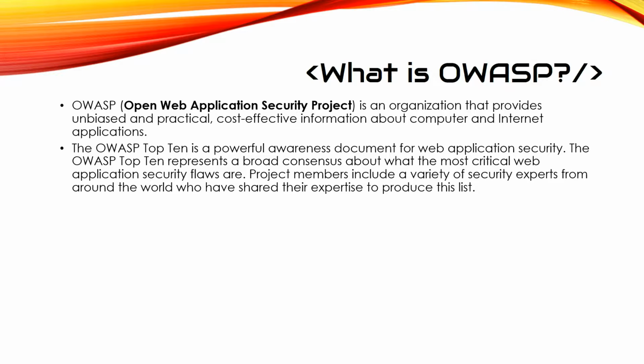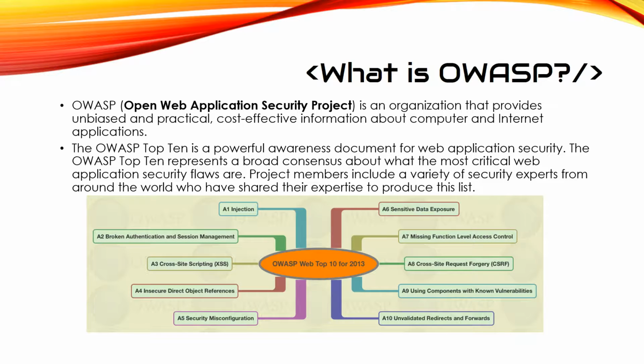It's basically the organization that oversees the top 10 threats. First, we'll talk about the top 10 threats for 2013 and then for the 2017 release candidate. So down here is a general overview of what these top 10 threats are for 2013.